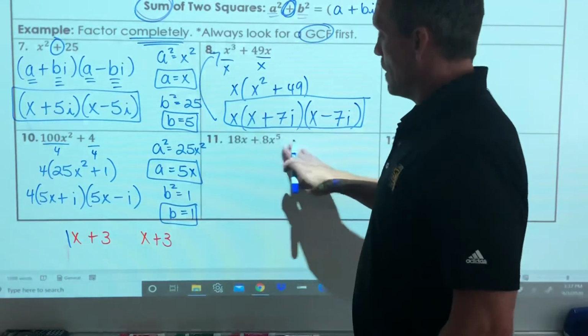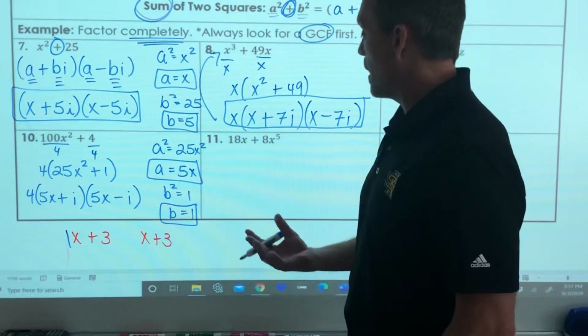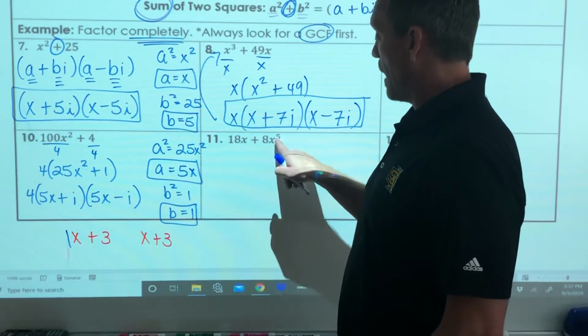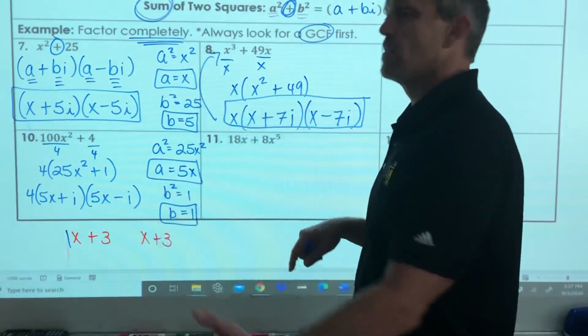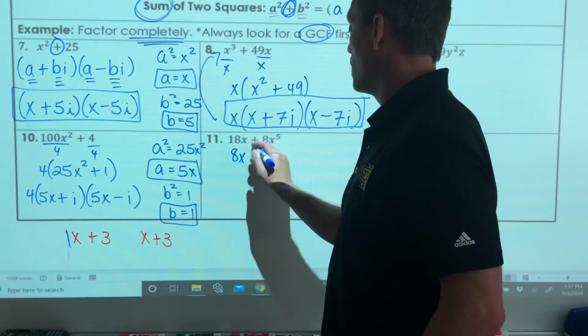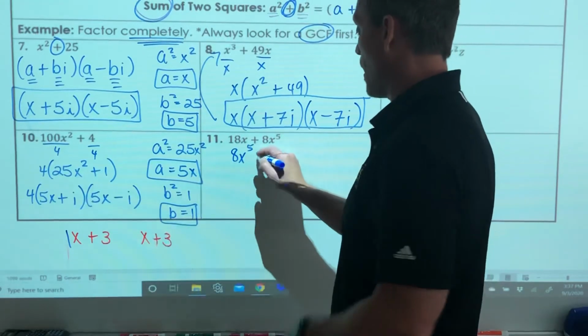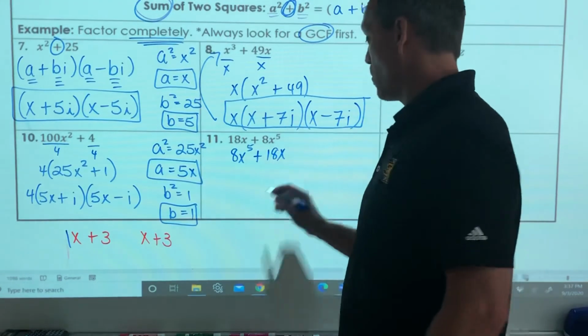This one is fine how it is. Unfortunately, I don't like it written like that. I like to put these in what you call standard form or standard order, if you will, where the largest exponent is first, and then it kind of goes from left to right down. If you write it like that, it looks better, it makes more sense.